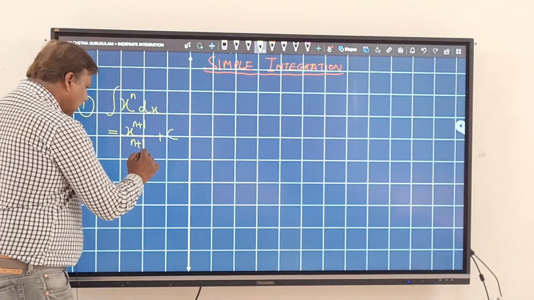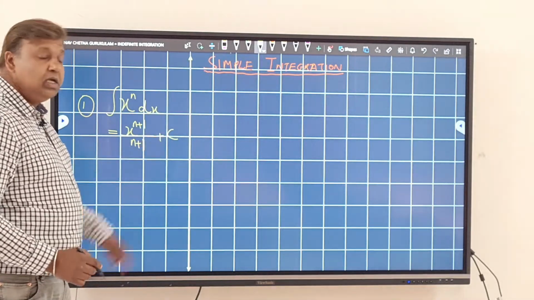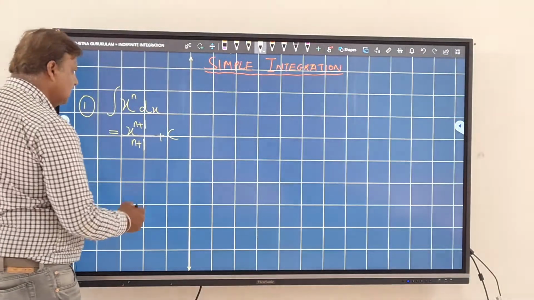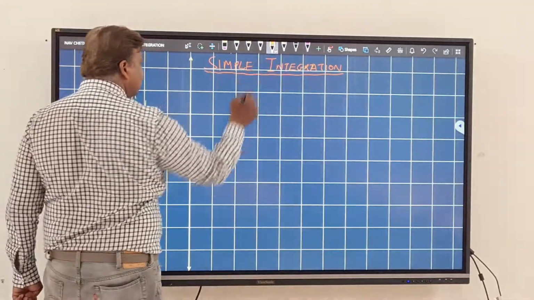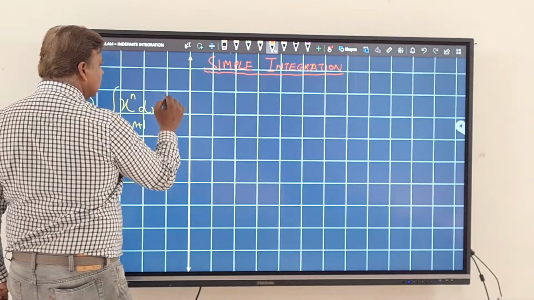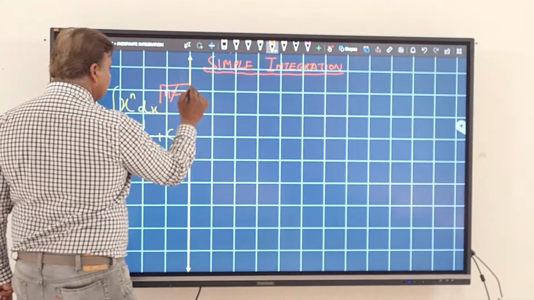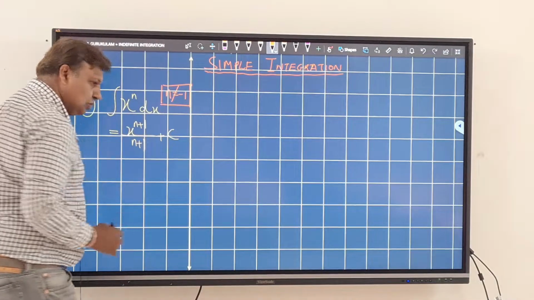So you will have to religiously put c with the integral. Now this formula is valid for every value except n is minus 1. So n is not equal to minus 1, that is what you cannot use.